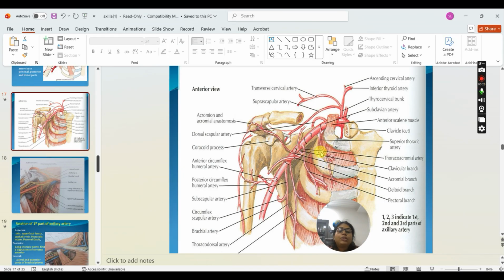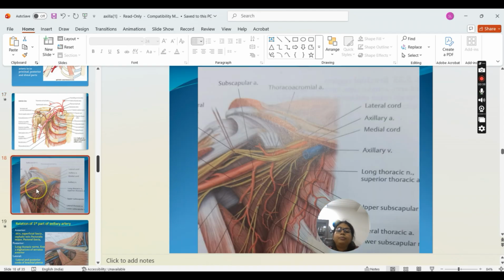They have removed the pectoralis minor to show you the first part, the second part behind the pectoralis minor, and the third part distal to the pectoralis minor. You can see a few branches are arising from each part. They have removed a portion of the axillary vein, and you are seeing the artery.